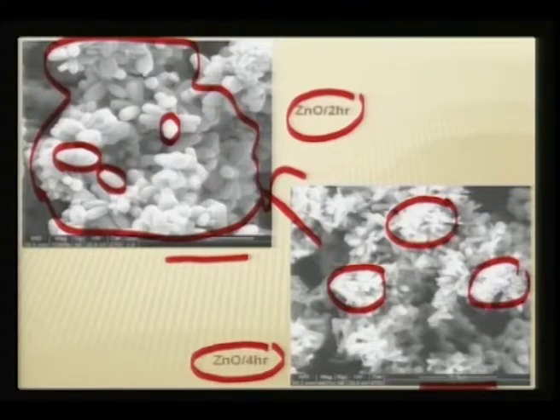Therefore, the refluxing condition and the nucleation that is coming out of this process seems to be clearly affecting the morphology of zinc oxide particles. So, what could be the direct consequence?